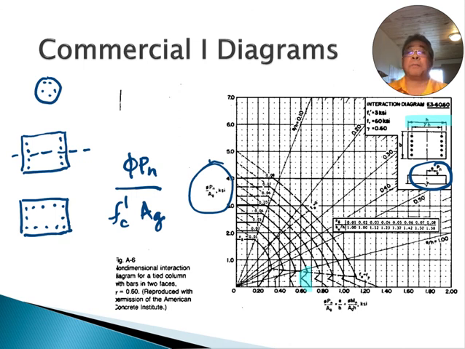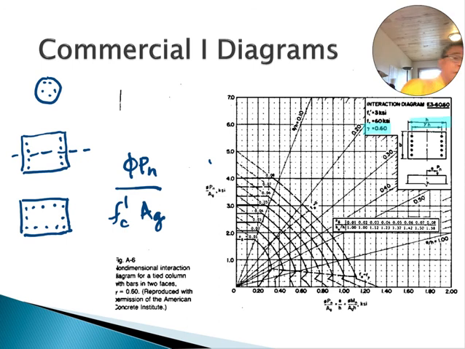Oh, and there's one more thing you need to match. And this is why I have to keep looking for different versions of these. These graphs are for different gammas. Gamma is the ratio of the distance between the steel to the overall dimension.